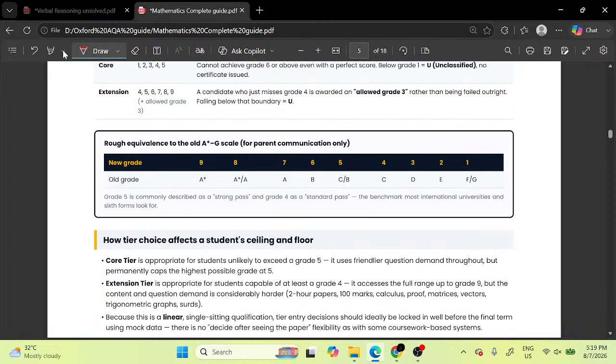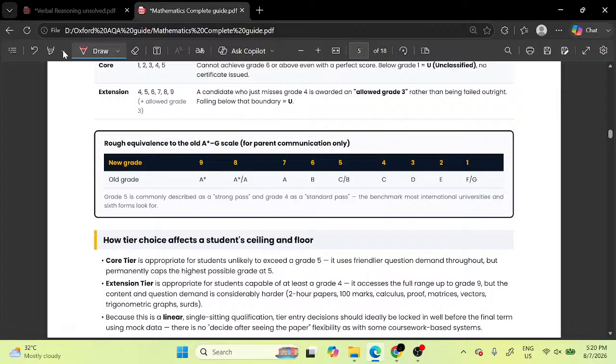Next, rough equivalence for the students. As we know, parents are not aware of this grading system from 1 till 9. They are aware of A star, A, B, C, D, E, F and G. So if we compare them, A star is basically 9, depending on the threshold.